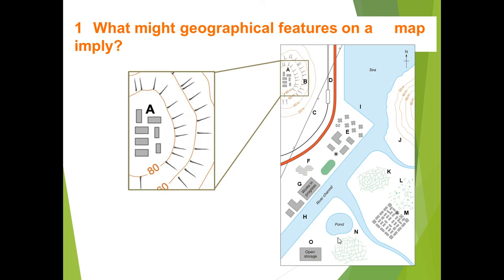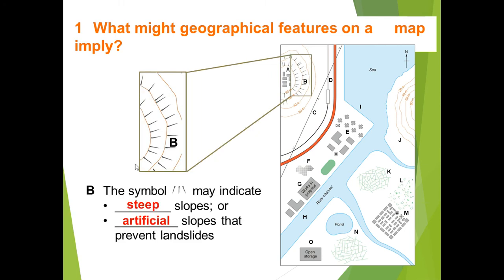For example, right here in location A, you can see many gray rectangles. This kind of gray rectangle is the conventional sign for built-up areas, so you can understand there may be some buildings there. But next to location A, there's also location B. Right here you can find many needle-shaped or fork-like symbols.